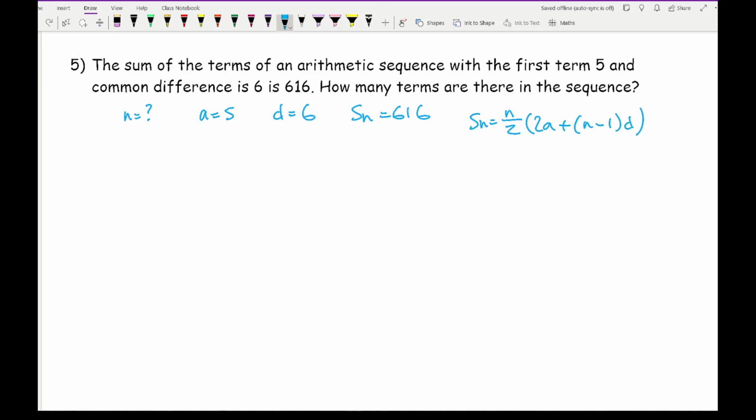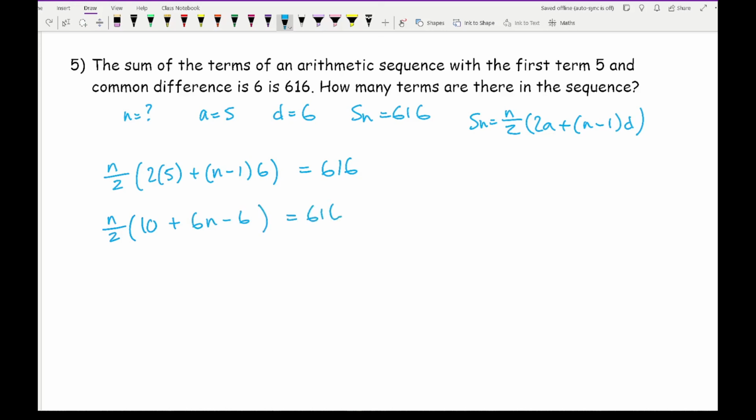Substituting numbers in, I've got n over 2, and then 2 times 5 plus (n minus 1) times 6, and that's equal to 616. If I simplify, I've got n over 2, I've got 10 plus 6n minus 6, equal to 616.